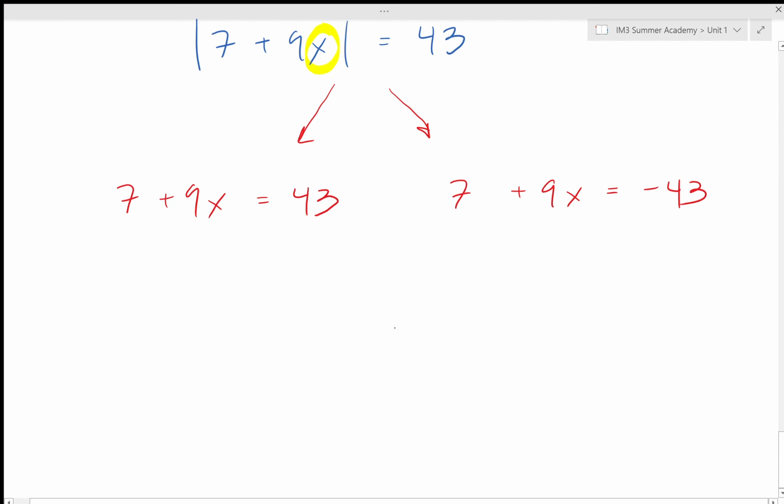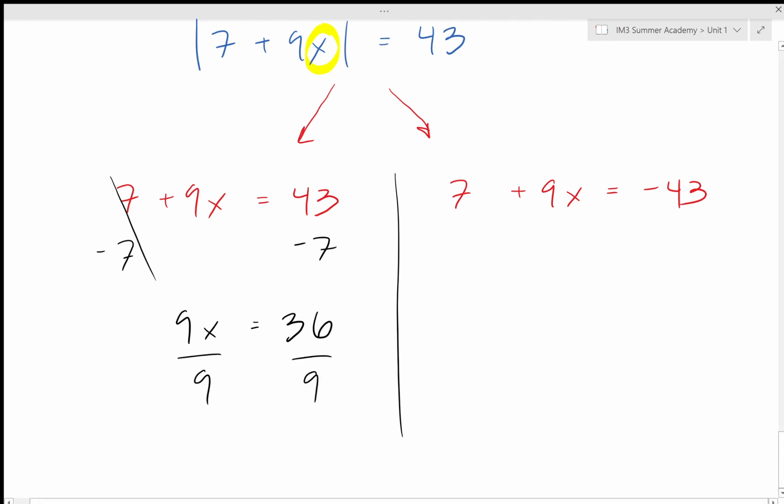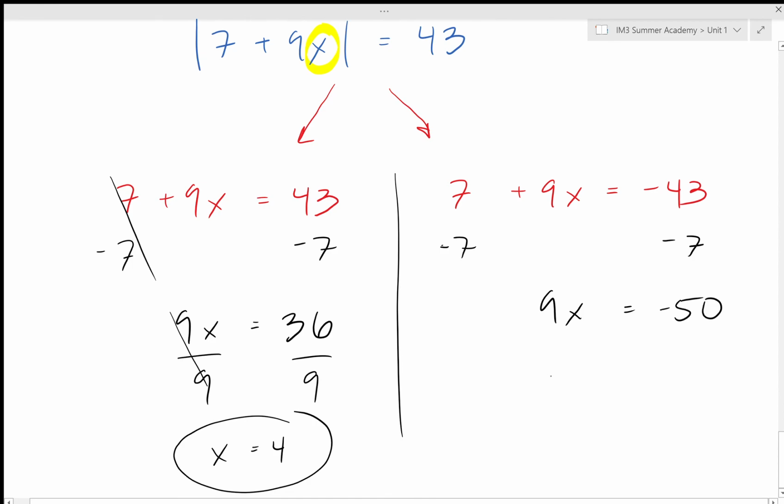Two solvable equations. Minus 7 on both sides, so 9x equals 43 minus 7 is 36. Now divide by 9, x equals positive 4. On the other side, same steps, minus 7. 9x equals negative 50.